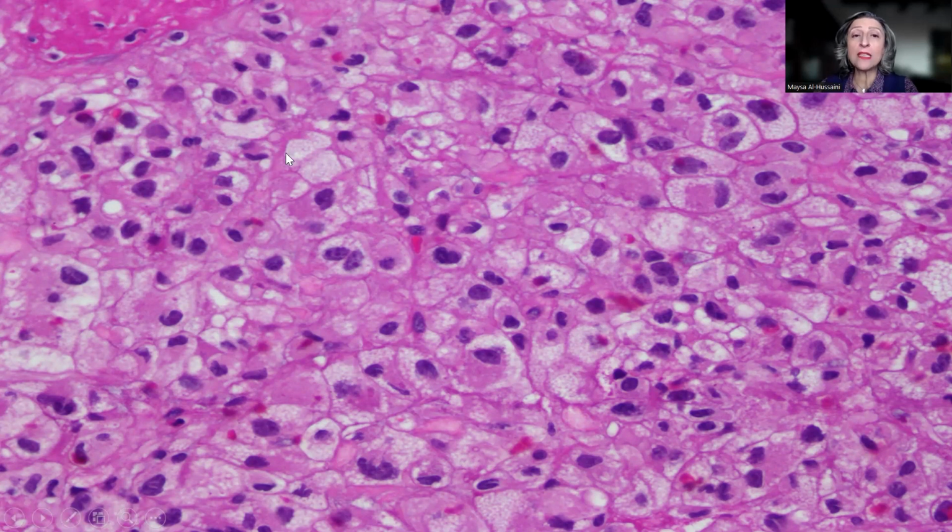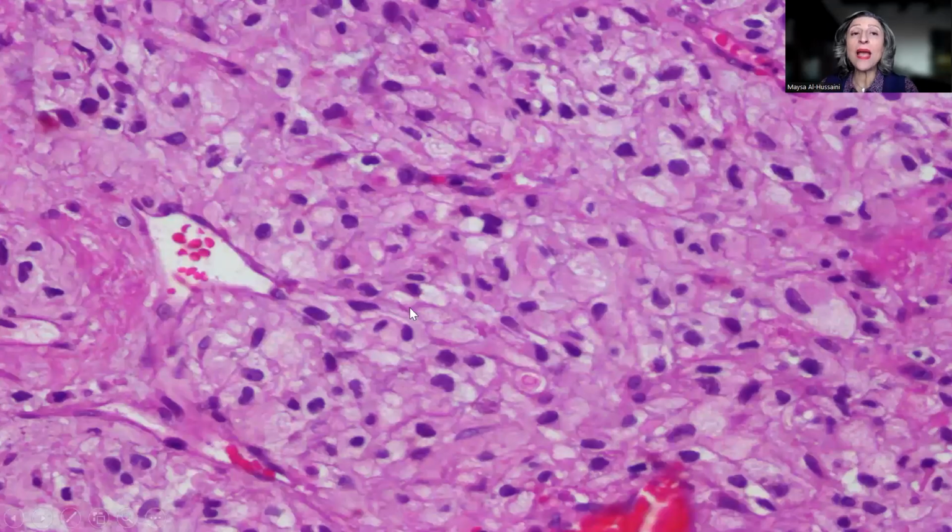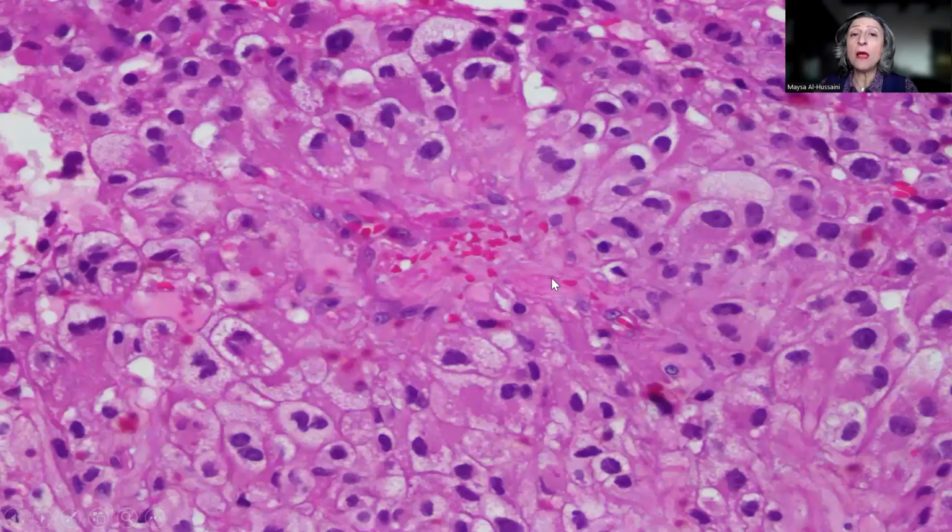However, the tumor cells exhibited some acidophilic cytoplasm, but also this vacuolated cytoplasm. And again, more of the same in some other areas, more like solid growth pattern or sheets of tumor cells with this very characteristic vacuolated cytoplasm, minimal atypia. Look at this one with the beautiful vacuolated cytoplasm, slight atypia, and really not much in the way of mitosis.